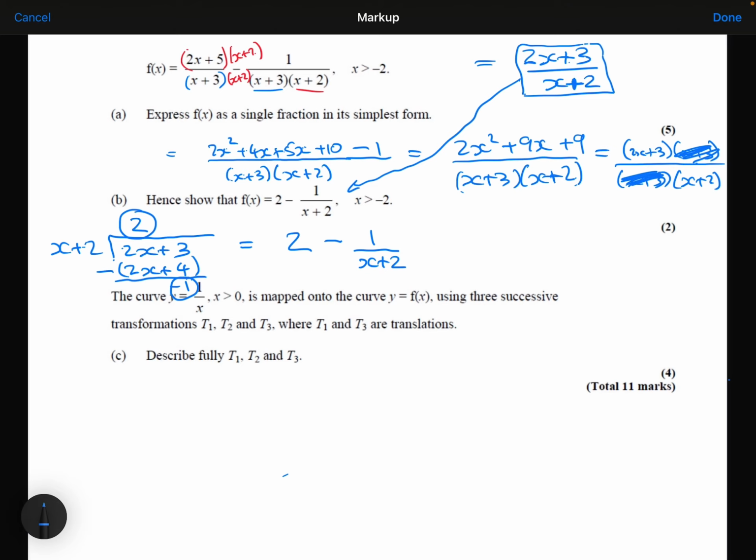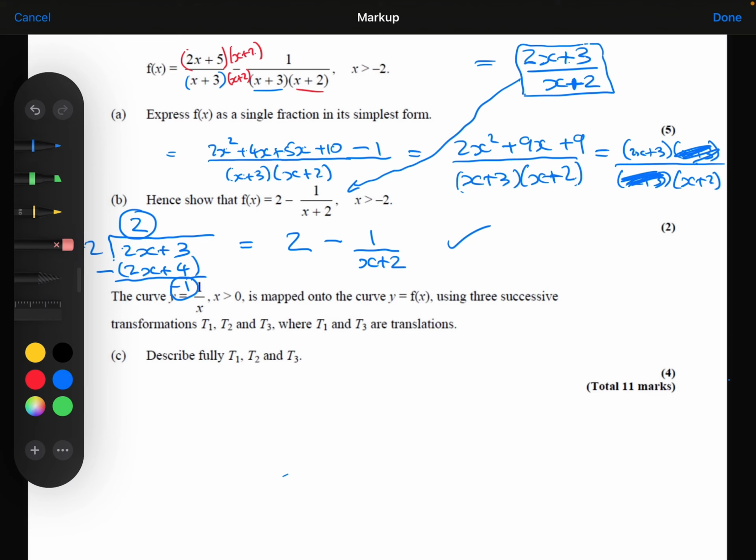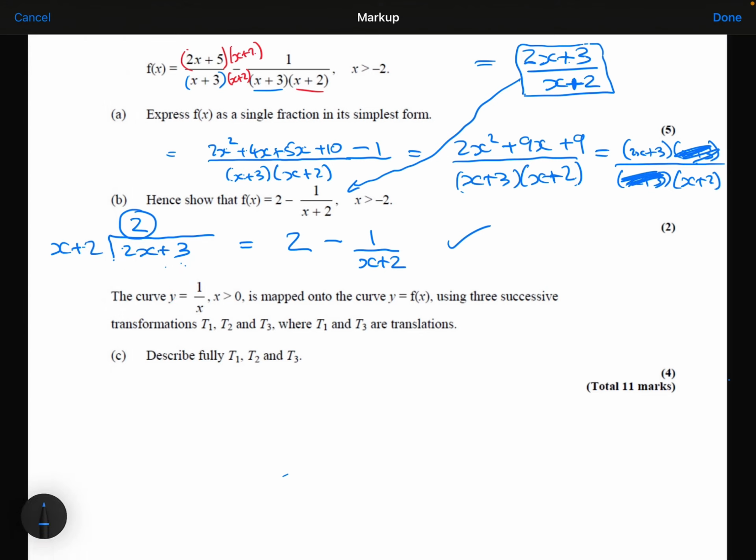And that is what we needed to show in part B. Then we are told that the curve y equals 1 over x, where x is greater than 0, is mapped onto the curve y equals f of x using 3 successive transformations, T1, T2 and T3, where T1 and T2 are translations. Part C, describe fully T1, T2 and T3.